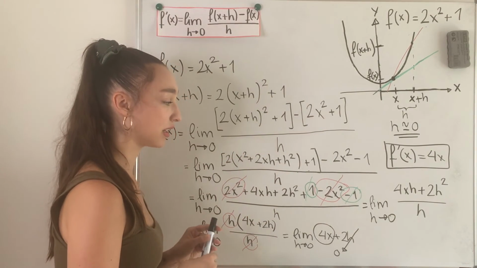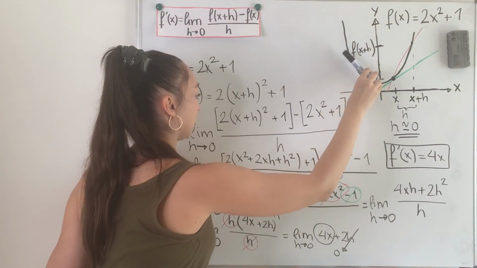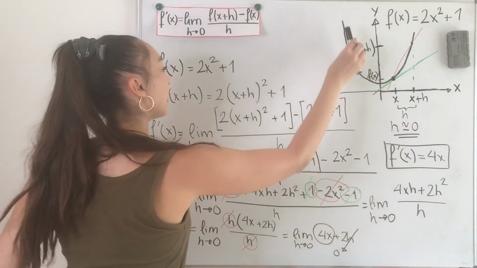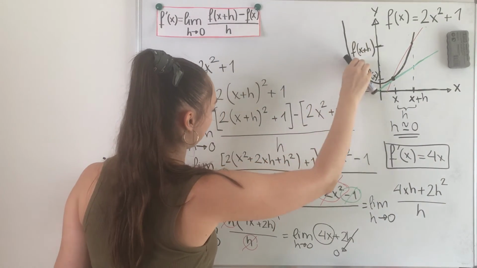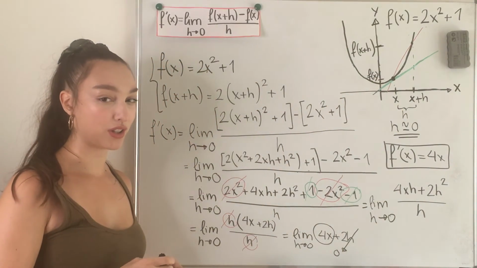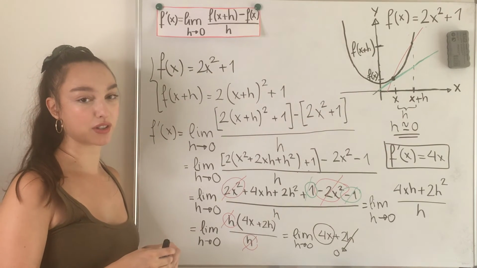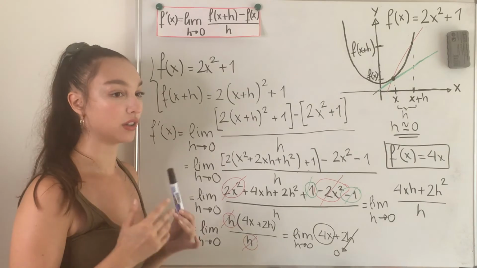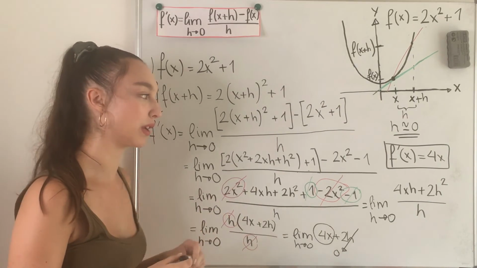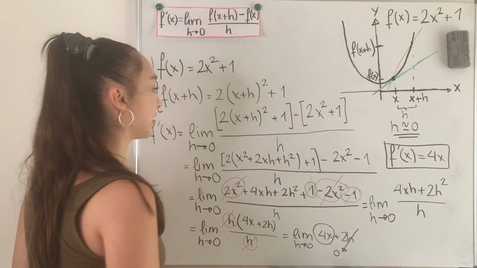In this case, as I said earlier, the slope of the tangent line in each point varies in each point for our function, and that is the reason why our derivative is actually a function as well, because it will give us a different value depending on the value of x, depending on the point that we're actually calculating the slope in.